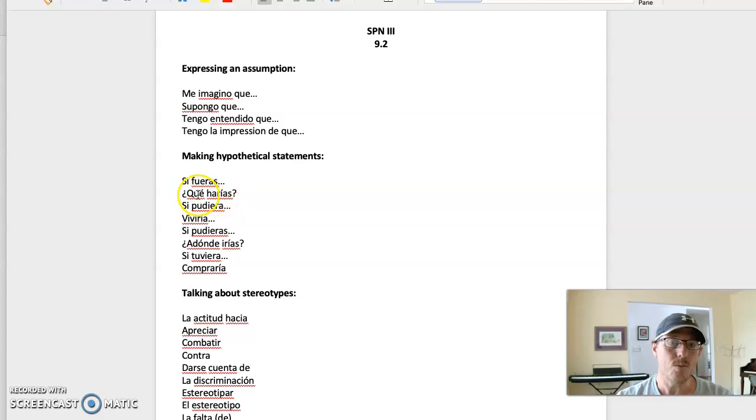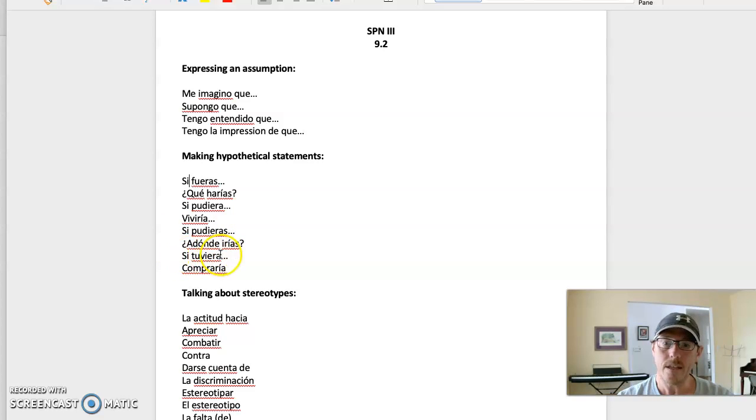Okay, so si fueras, which is if you were. ¿Qué harías? is what would you do. Notice that these are in the conditional tense as well. Si pudiera, which is if I could, also technically if he or she could. Viviría is I would live. Si pudieras, ¿a dónde irías?